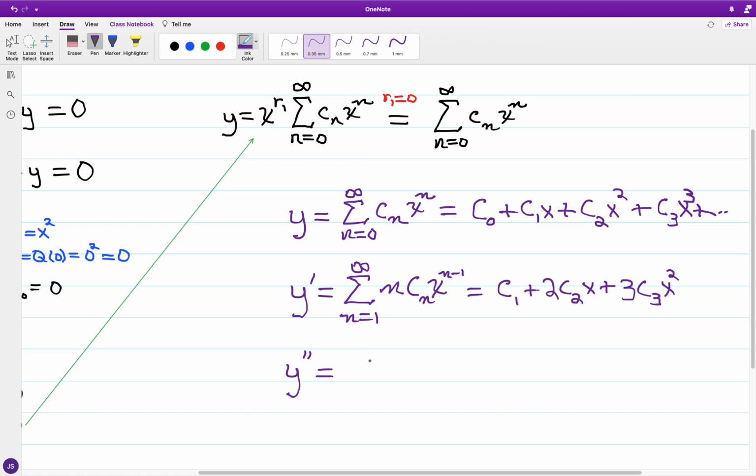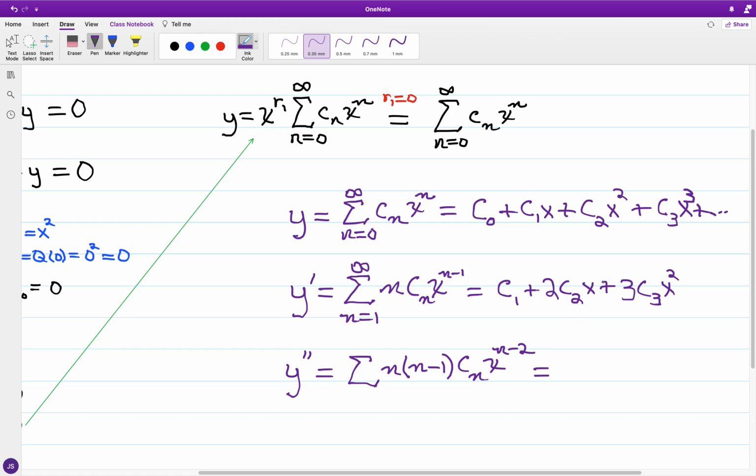And for the second order derivative, I get n times n minus 1 times the quantity c of n, and this will be x to the n minus 2 power.